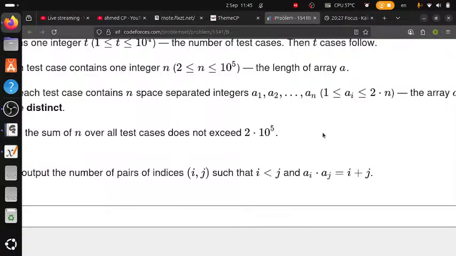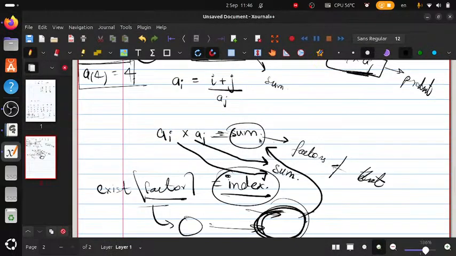Because we build an array of factors and we just iterate to the sums, right?